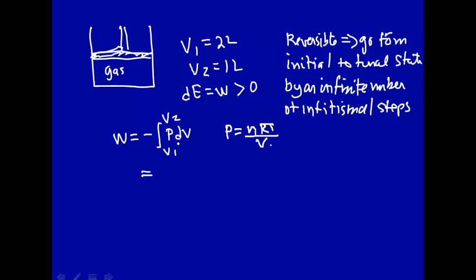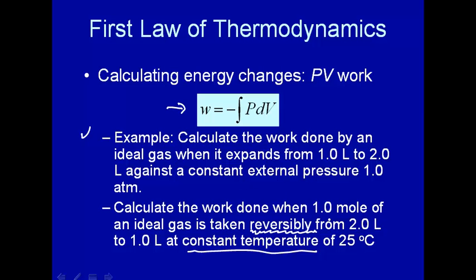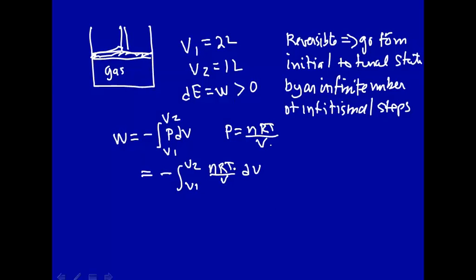We want to do this because our integrating variable here is volume, so we have to know how pressure depends on volume. So this is minus the integral, definite from V1 to V2, of nRT over V dV. Now we can integrate this. n is 1 mole. We're not adding any, so n is a constant. T is a constant, and R, the gas constant, is also a constant. So we can pull these out, to be minus nRT times the integral, definite from V1 to V2, of 1 over V dV.